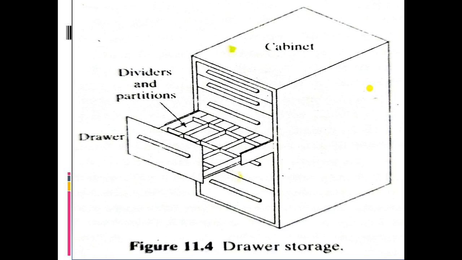So every system has a different advantage. In the case of drawers, small tools, stock items, and repair parts can be stored, but it has a relatively high cost, but the contents of the drawer are easily visible.